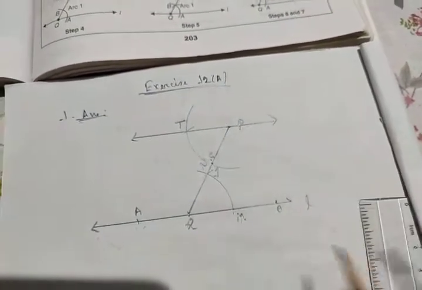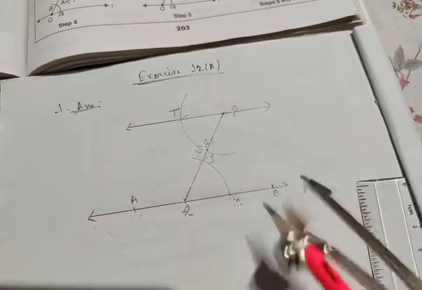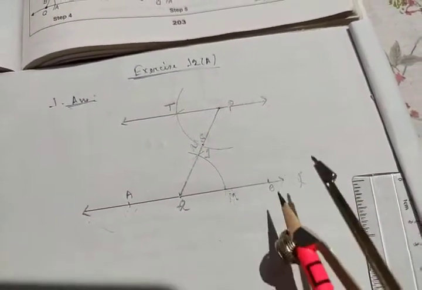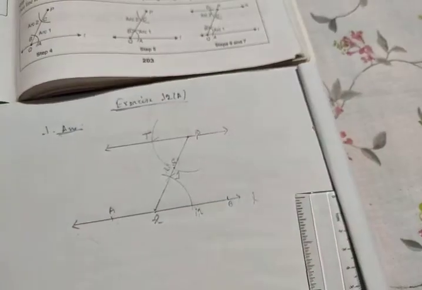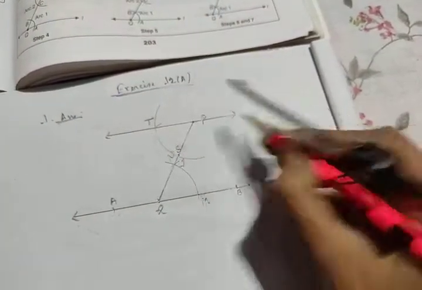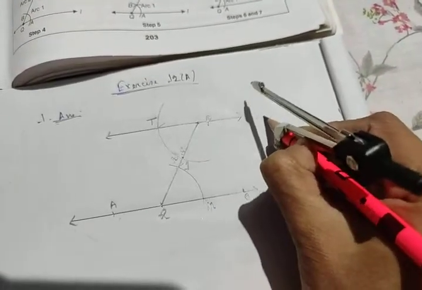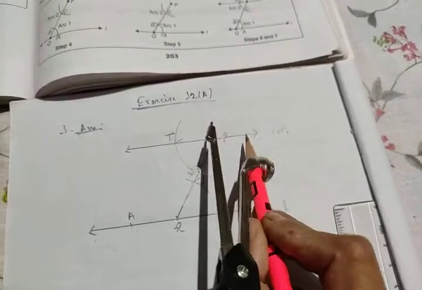Now these two lines, say if the previous line or line segment is small l, AB, then let us consider the name of the new line as small m. Now small l and small m, line AB segment and line m, are two parallel lines.